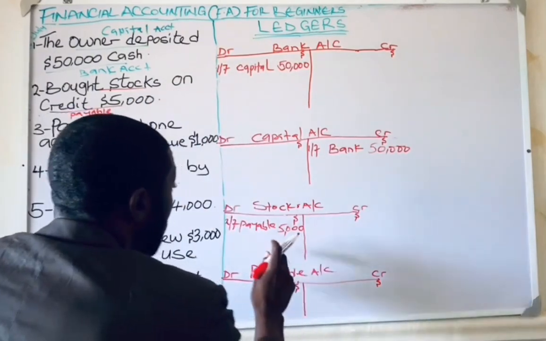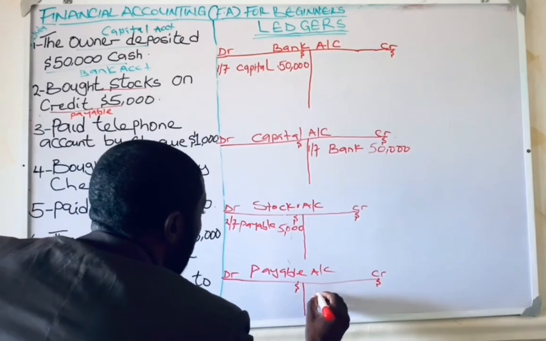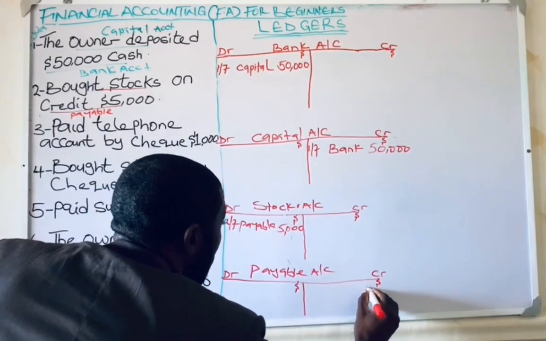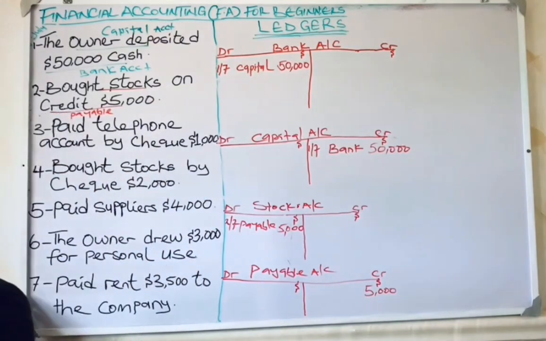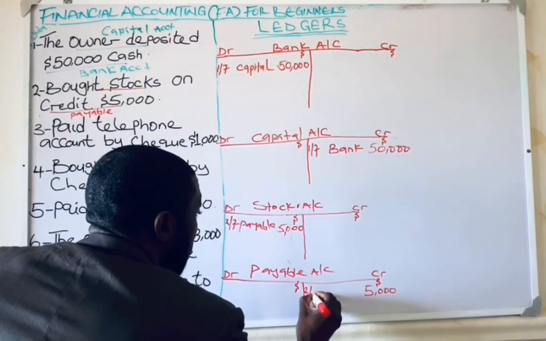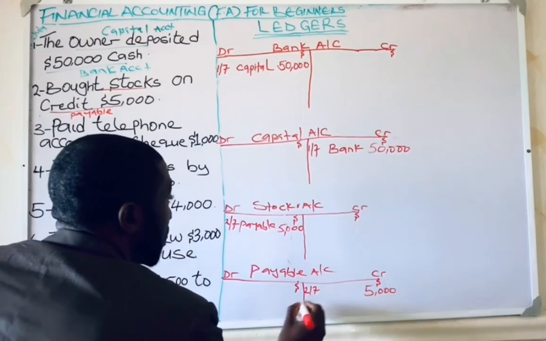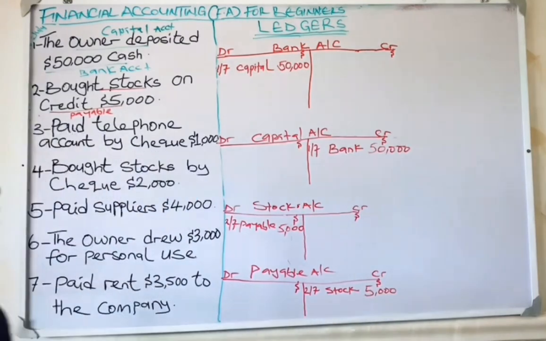We are paying $5,000 on the 2nd of July because of stocks. We will pay for the stocks $5,000. That is your ledger account.